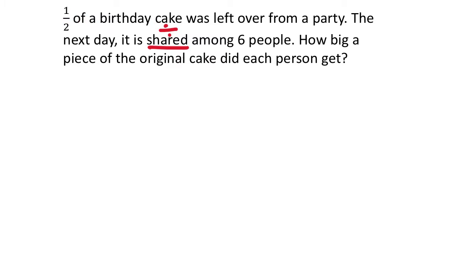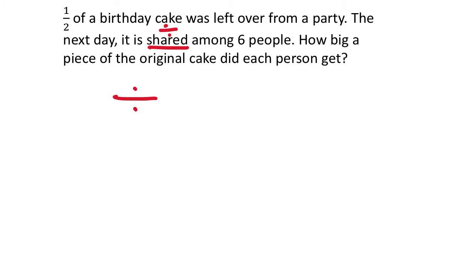So remember, since we know we're dividing now because we're splitting up that half cake, since it's being split, it's being divided, so we're using division. But remember that the dividend, the number that goes to the left of the division sign, is how much you start with. And in this case, we're starting with half of a birthday cake.